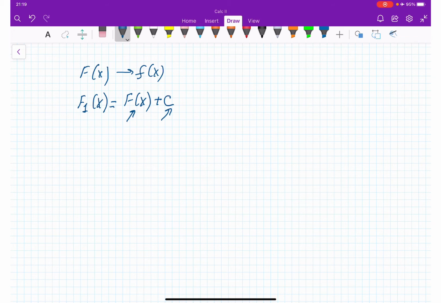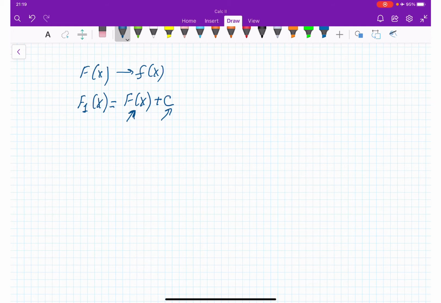So since c can be anything, that means the entire set of antiderivatives is going to be the specific antiderivative F of x plus the set of all kinds of possible constants. Now the entire set of antiderivatives, with this specific antiderivative and a constant that can have any value, we call the indefinite integral of this function.